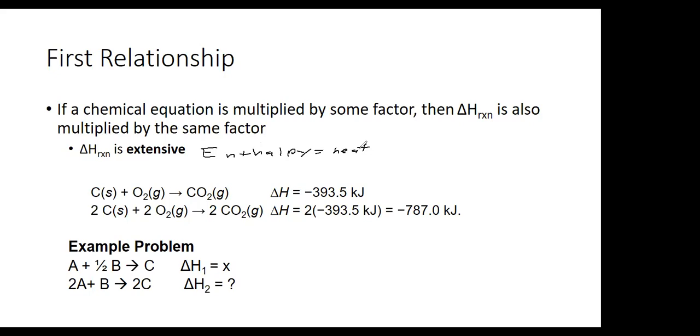Now, delta H is an extensive property. And if you remember all the way back from the beginning of this semester, we talked about extensive versus intensive. Extensive depends on the amount of stuff that you have.